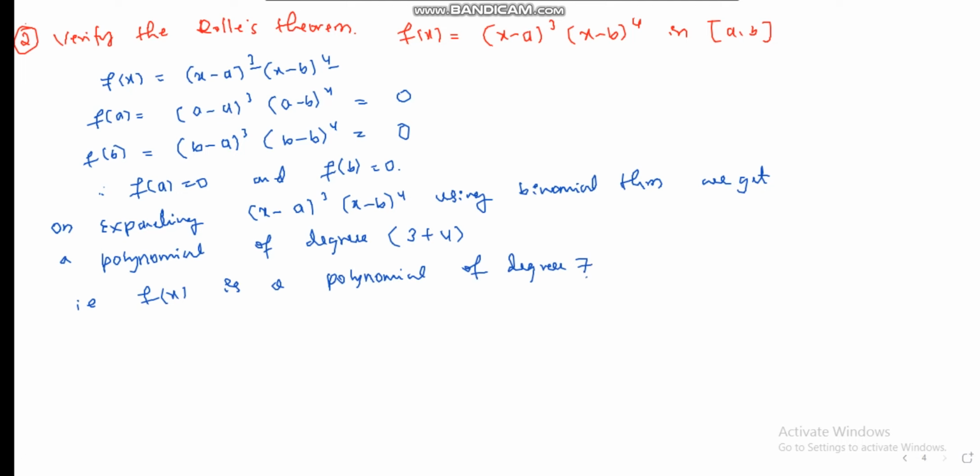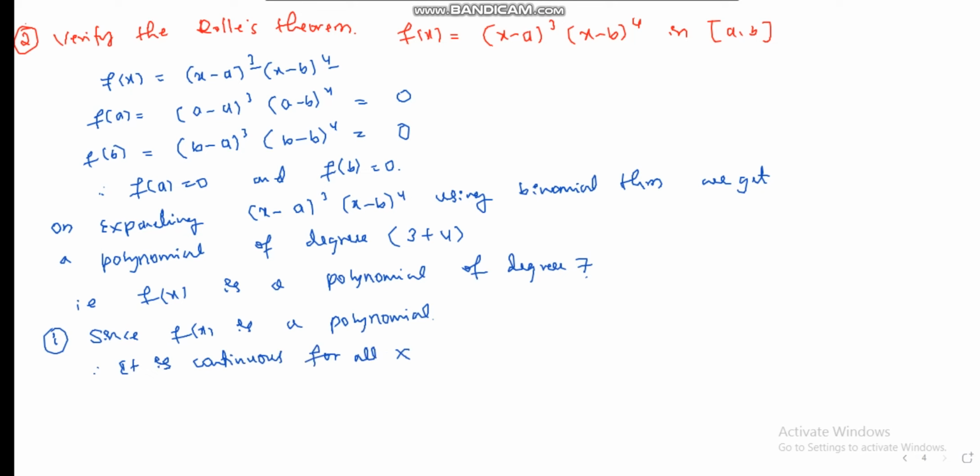So in the first condition, since f of x is a polynomial, therefore it is continuous for all x.